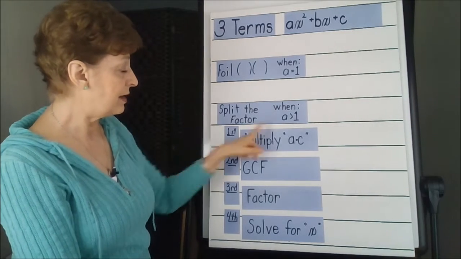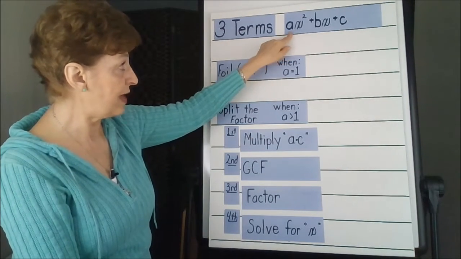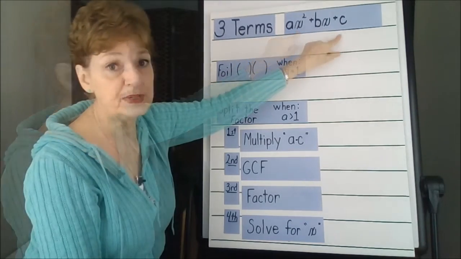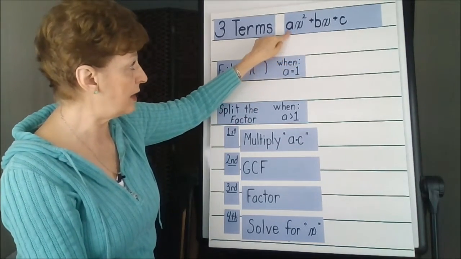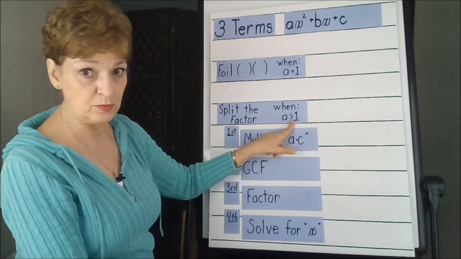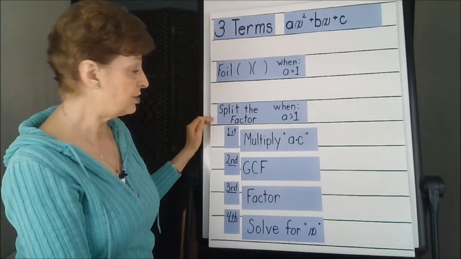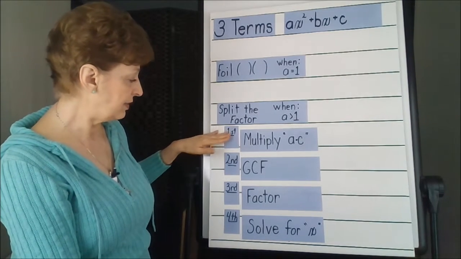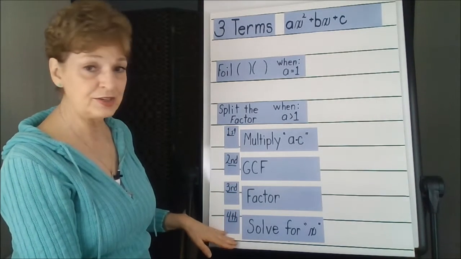If you have an a term that's greater than 1, so this might be 4x squared, you'd have numbers in these square positions as well. But if this one is bigger than 1, then we have to do something called splitting the factor. And I've listed the steps for splitting the factor here.